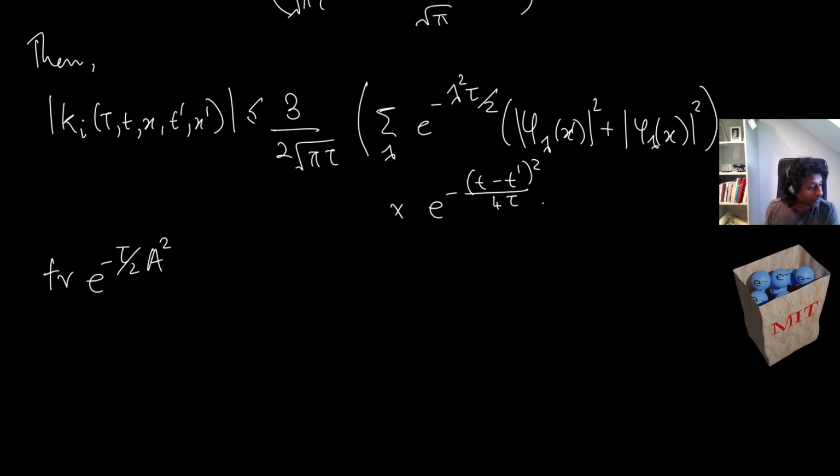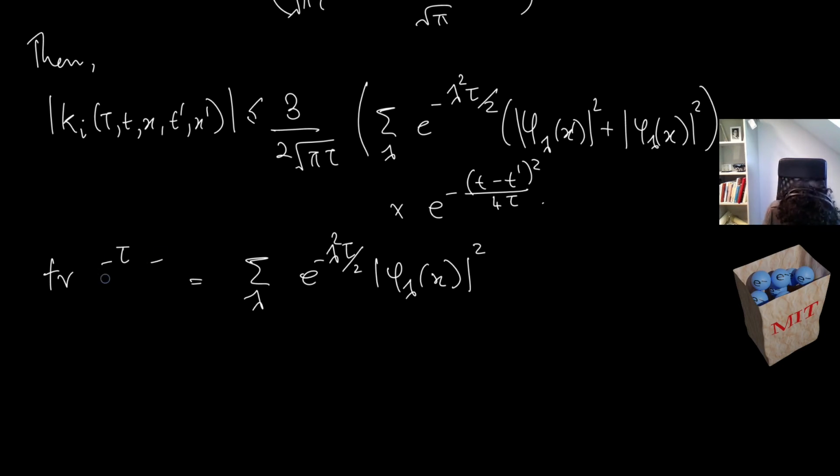So for this operator, the trace of this is actually just lambda e to the minus lambda squared tau on 2 phi lambda x squared. Well, okay, we have to integrate that, right? So I should really say the trace of the heat kernel, the trace of the kernel of e to the minus tau. What's a good notation?